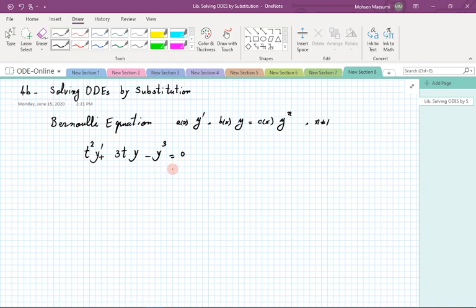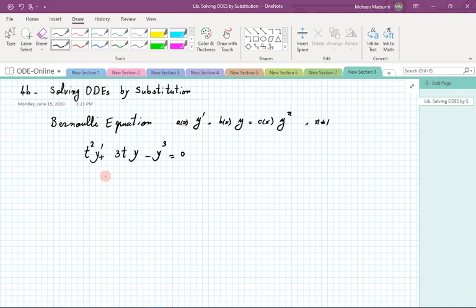We are going to solve this, and you notice that in comparison with that, n happens to be 3 in this case, and I'm using the independent variable t just so that we have some examples not relying on x all the time.